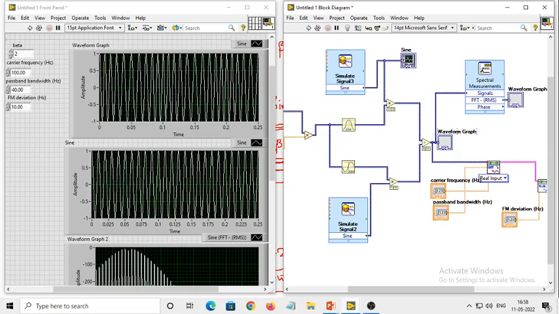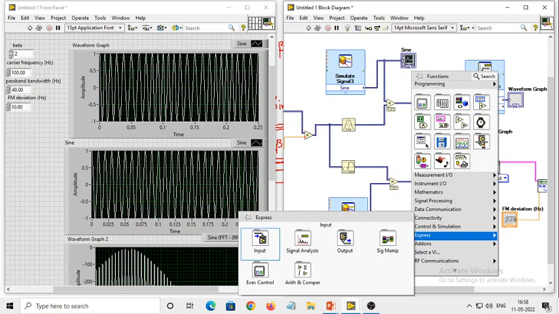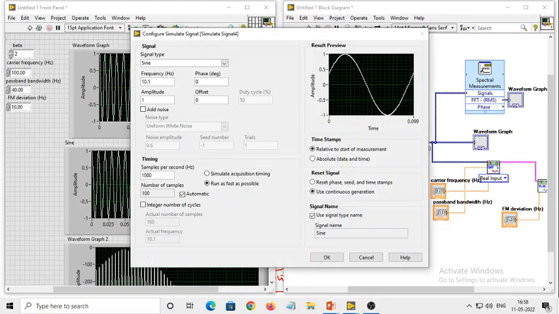what is happening. So to plot that, you can give that directly to this waveform. So how to do that? First you need to place that block, go to Express, simulate signal, take cos because that is my original signal. This should be 10,000 and this should be 10,000.